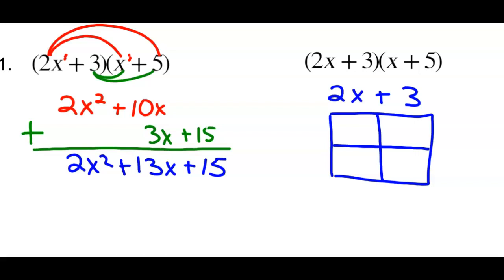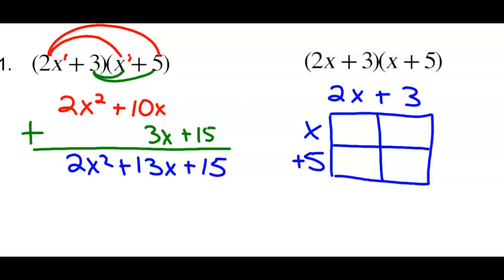And then your x plus 5 is going to go on the side. Put your plus sign there. I took my x plus 5 and I wrote it up and down. I could have put my 2x plus 3 here and my x plus 5 on the top. It doesn't matter where you put them, just as you put one on one side and one on the other.